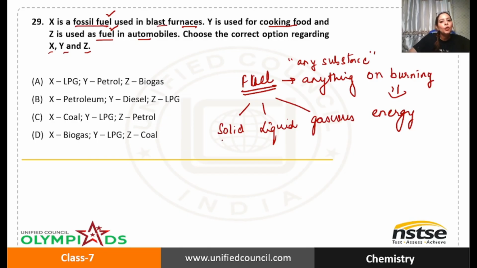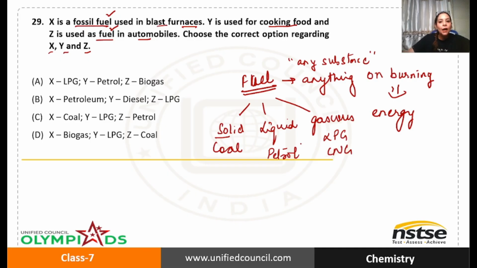We have solid fuels, liquid fuels, and gaseous fuels. For example, coal is a solid fuel. Liquid fuels are like petrol, diesel, and kerosene oil. And gaseous fuels, for example, are LPG and CNG.